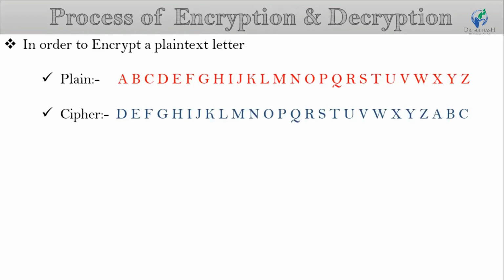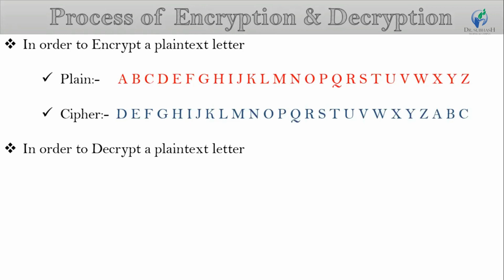On receiving the ciphertext, the receiver, who also knows the secret shift, positions his sliding rule based on the ciphertext alphabet and slides it to the right by the agreed shift number. 3 in this case is the agreed shift number. Then it replaces the ciphertext letter by the plain text letter on the sliding rule.